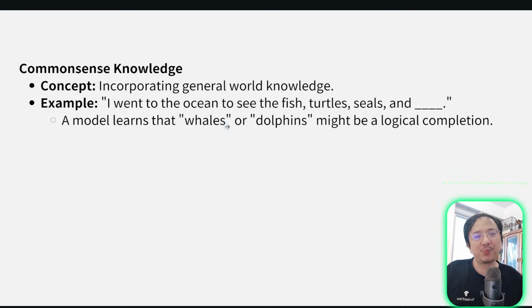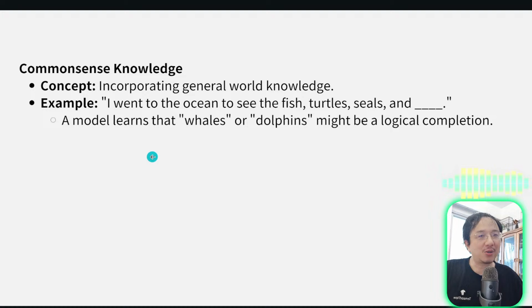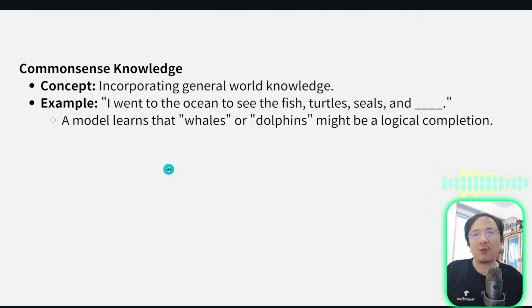Okay, so another thing is common sense knowledge. This is sort of easier compared to the things that we said before, but still, you can imagine that with some training routines or training dataset, it can capture some knowledge.